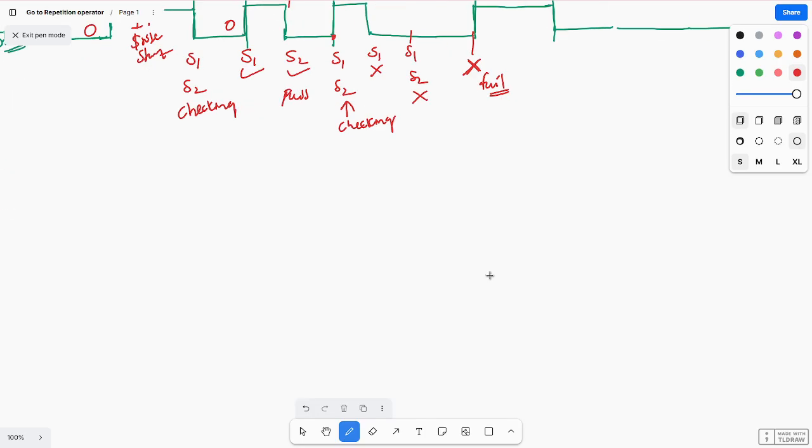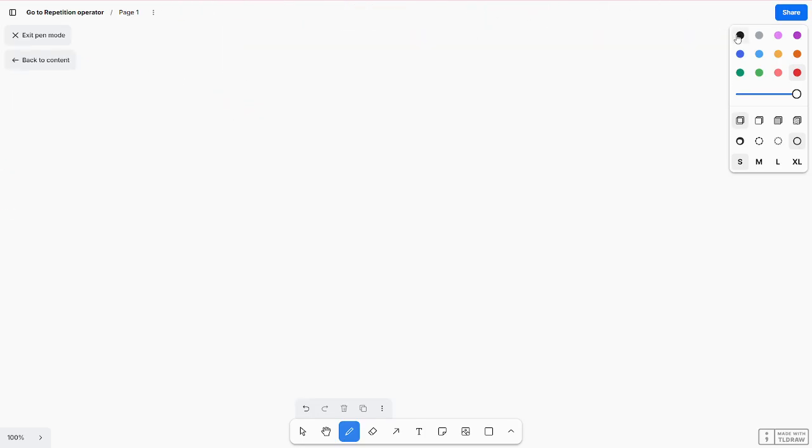Okay, next is the intersect construct. I will add one more page. The intersect construct is the same as the and construct only.